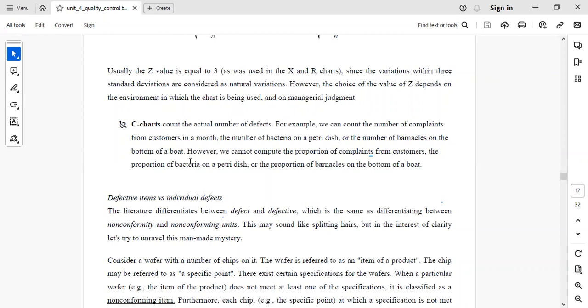Neither can you know how many bacteria are actually there. You can tell how many you have seen, but you may not know, out of what you've seen, how many are even out there, and so forth. Because we cannot take the proportion, what we consider is just the number of defects that you have.